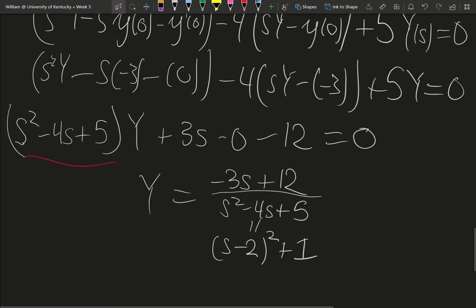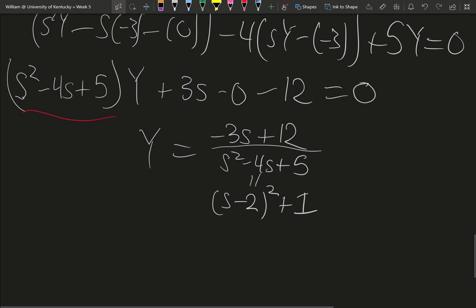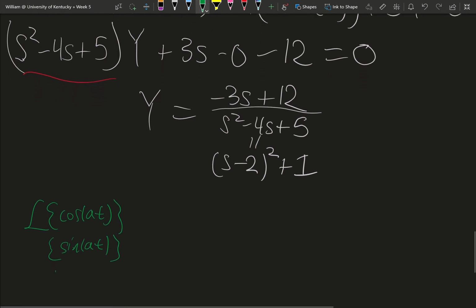So doing that, we want to note two things. We had formulas for the Laplace transform of cosine and sine, and we had the shift formula. Just to mix it up, we'll use b's here.